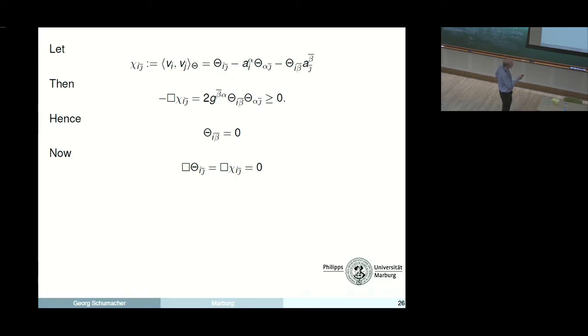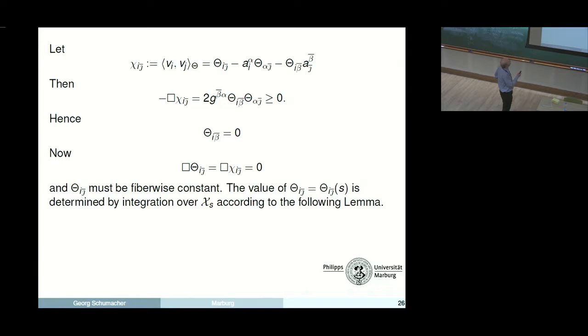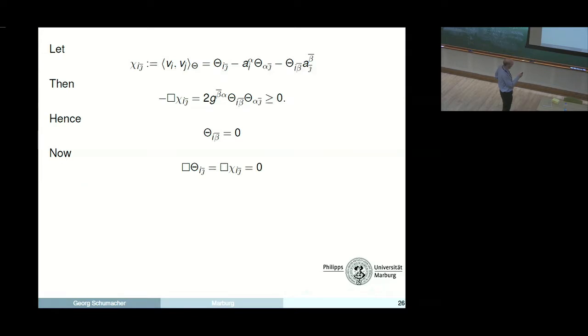So this immediately follows from this equation here. And these are equal, and this equation tells us that the Laplacian of chi has to be 0. So these components there are 0, Laplacians are equal, and the Laplacian of the former term here is 0.